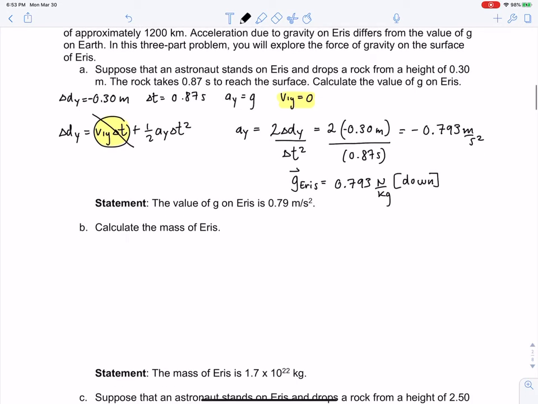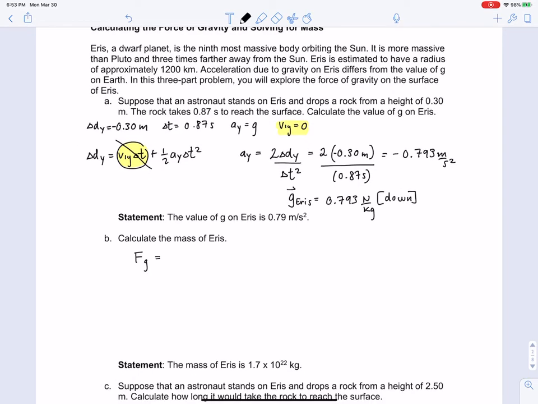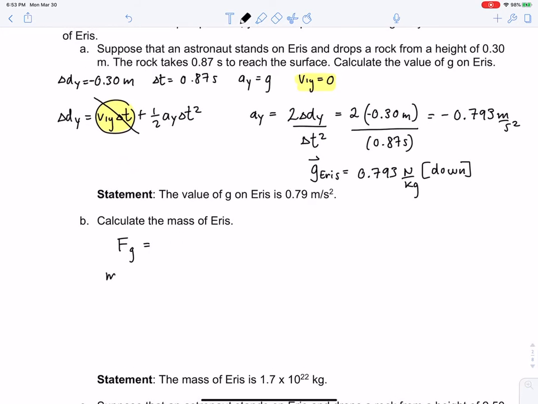So force of gravity, we have two equations for it. We have Fg, which is equivalent to m times the gravitational intensity on Eris.